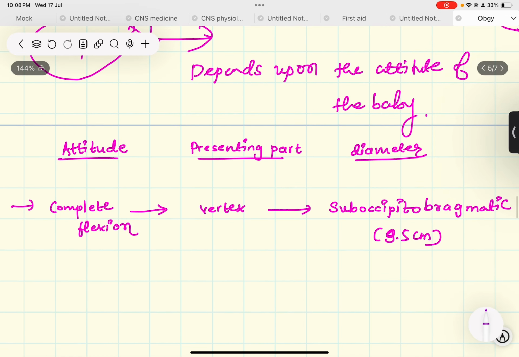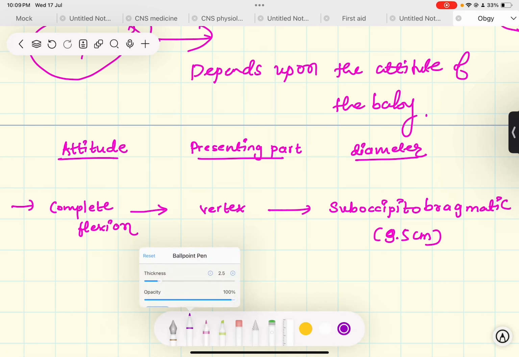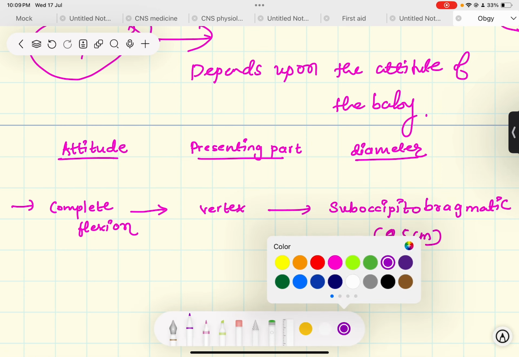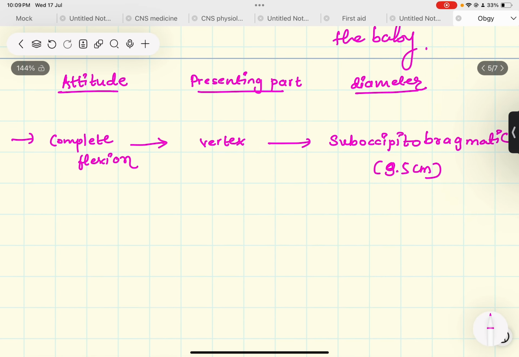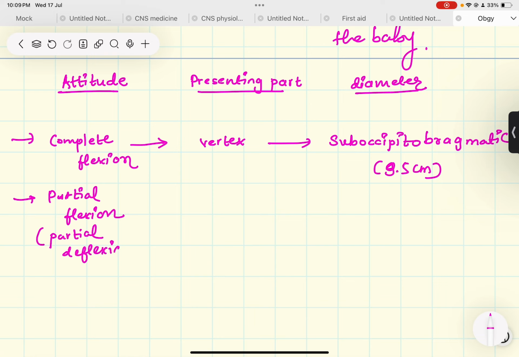So now let's fill up the table here. Complete flexion we have learned. Now partial flexion. Some people also call this partial deflection.